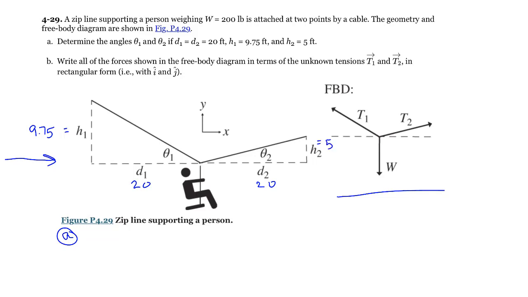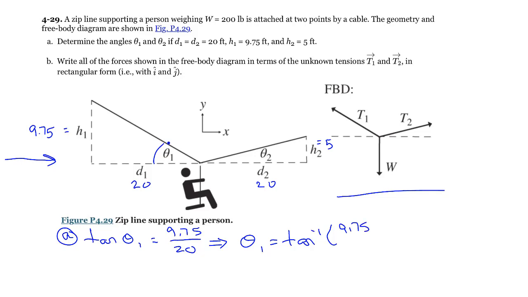Now I can find theta 1 and theta 2 by just using my tangent because I have opposite over adjacent. So again, I have tangent of theta 1 is equal to 9.75 divided by 20. Then we take the inverse of both sides, which leaves theta 1 equal to the inverse tangent of 9.75 divided by 20.